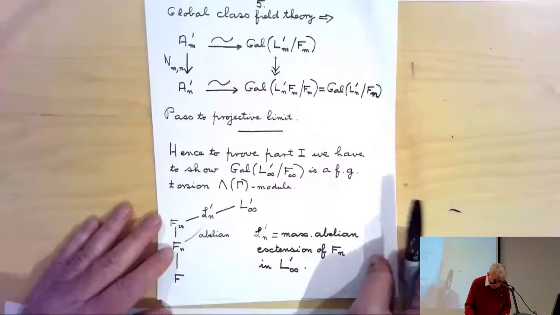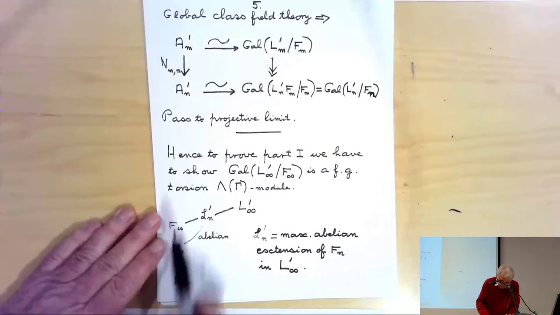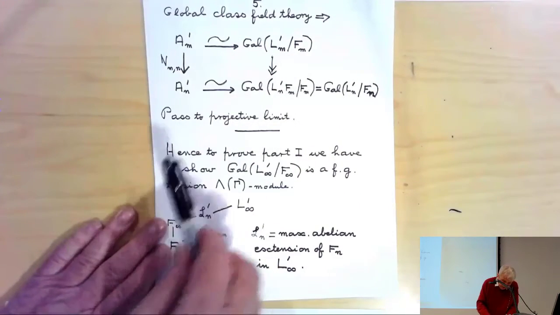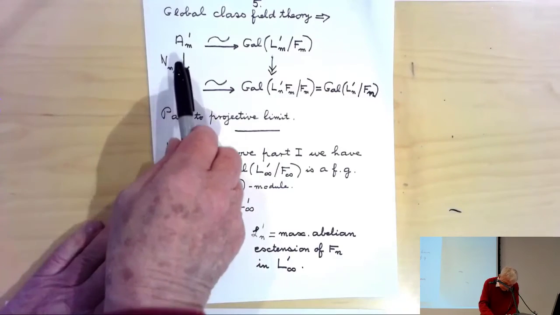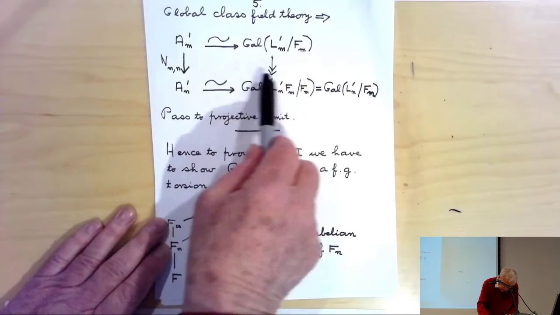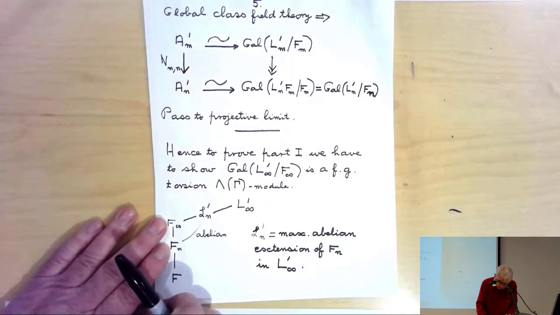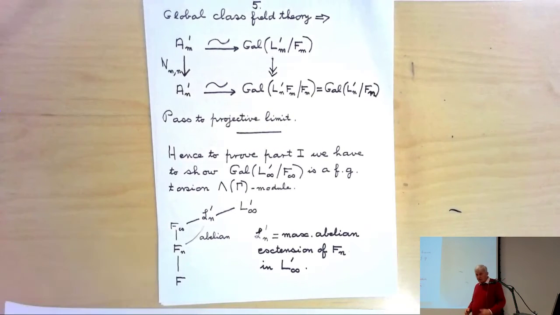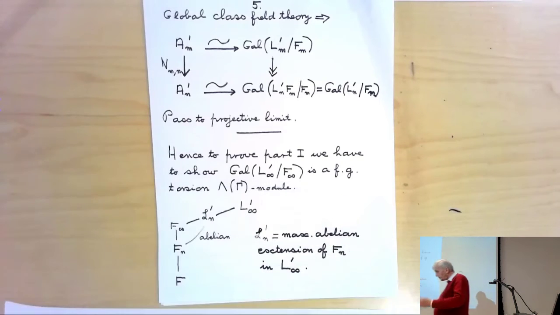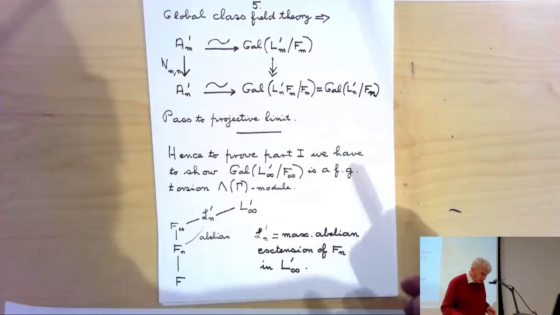And by class field theory, the basic properties of the Artin map, we therefore have the norm map here will correspond to the restriction map here. And so to get the final result, we just pass to the projective limit over all n greater than or equal to n naught.